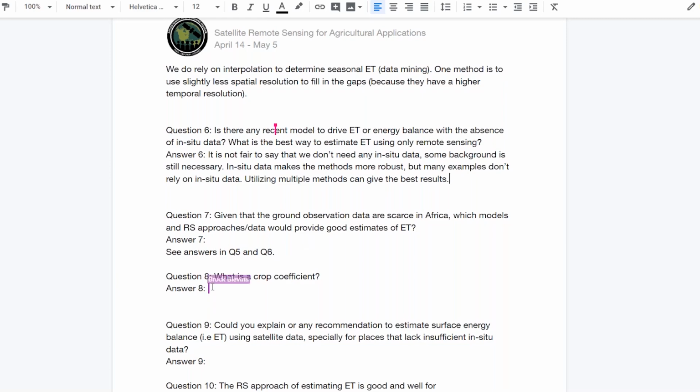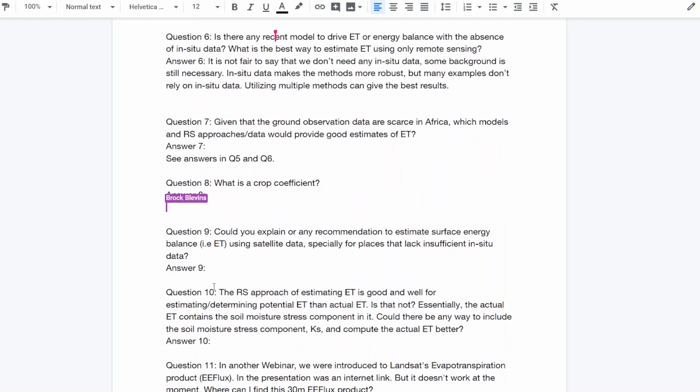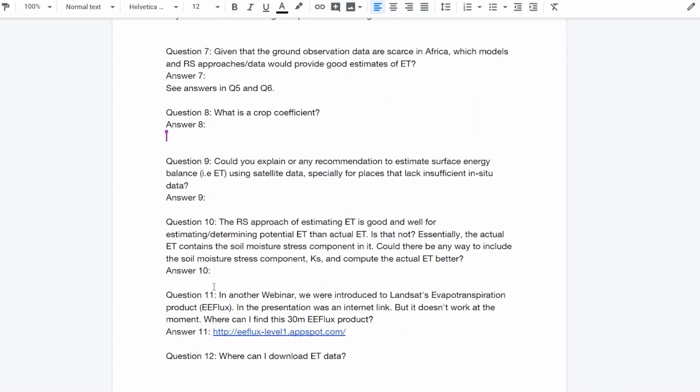So a crop coefficient is, once you estimate potential evapotranspiration or some reference ET, and potential evapotranspiration and reference evapotranspiration are kind of similar, then a crop, say corn, has a certain crop coefficient, and to estimate ET you would take the reference ET and multiply it by that crop coefficient.